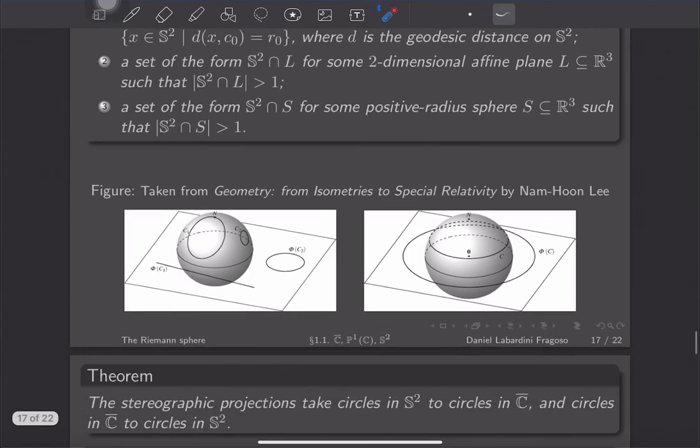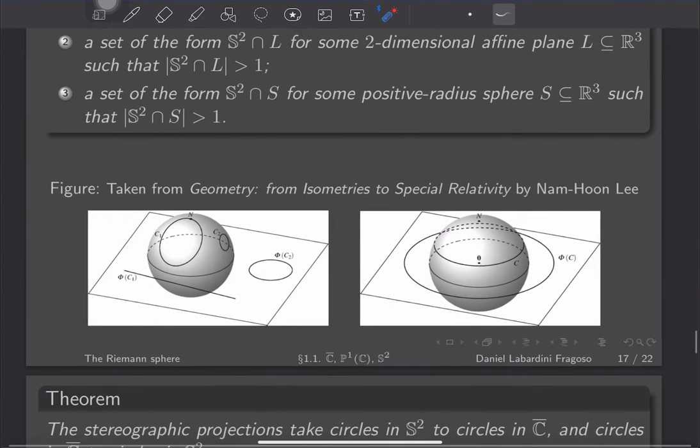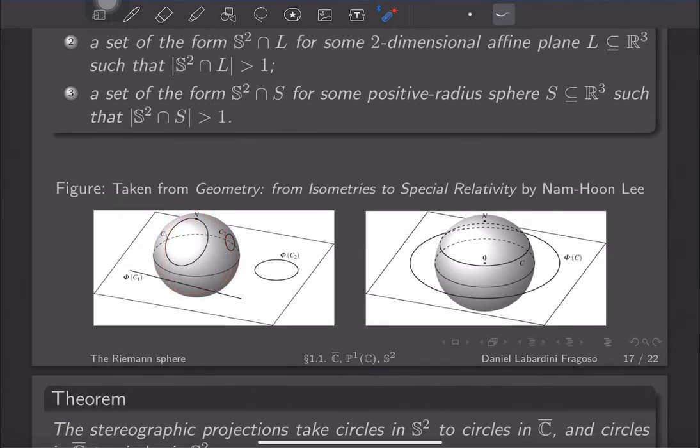So here, these are some exercises on circles in the sphere, right? And actually, you can see here a circle in C bar, and part of a circle in C bar, right? So it's missing the point at infinity.